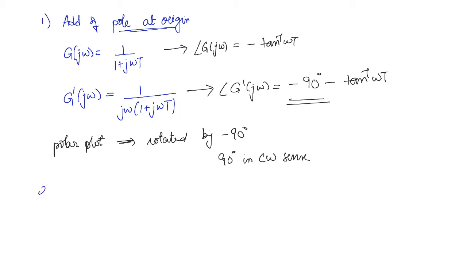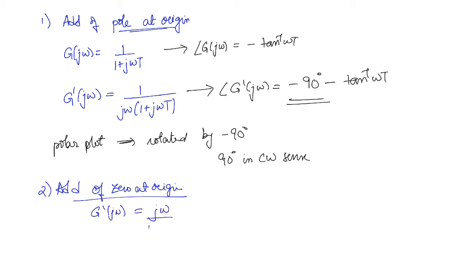Now similarly, what will happen when you add a zero at origin? Now the function will become G dash of j omega is equal to j omega by 1 plus j omega T. Then the phase will be angle G dash of j omega is equal to plus 90 degrees minus tan inverse omega T. So here it is plus 90 degrees, in the case of a pole it was minus 90 degrees.